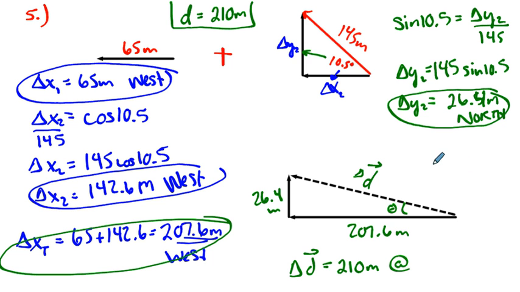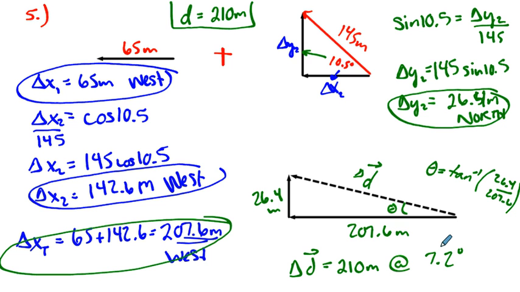So to find theta, again, you're going to do tangent inverse of 26.4 over 207.6. Tangent inverse gives 7.2 degrees. Pause this if you have to and assign the direction.